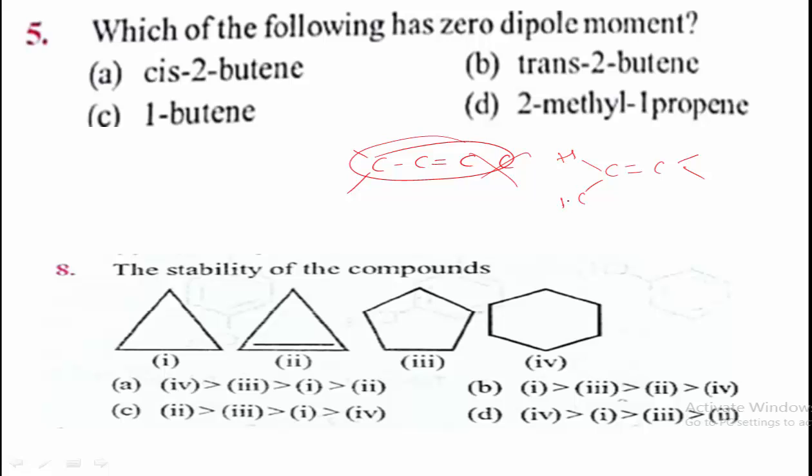Here I write H3C and here CH3, and this one is H. Here the bond moment is observed like this. Therefore they are opposite in direction and the charges cancel each other.